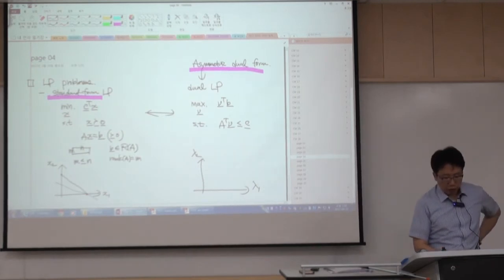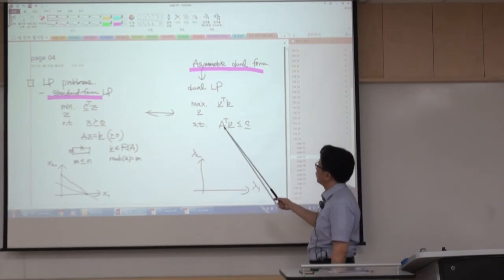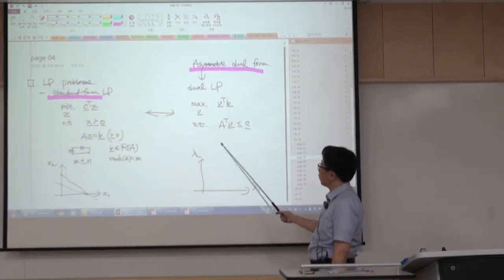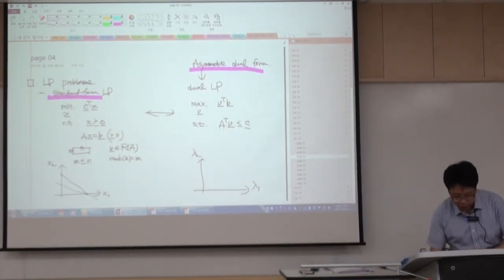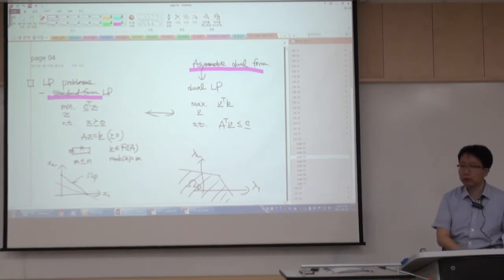Here in the dual problem, let's plug in 0 here. What happens? This is included, but you don't have equality constraints. So interestingly, you have something like this as your omega d. This is omega p. Got it?